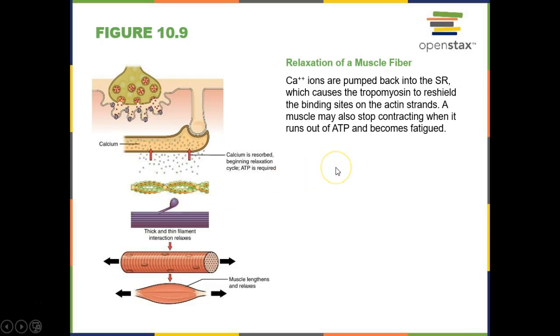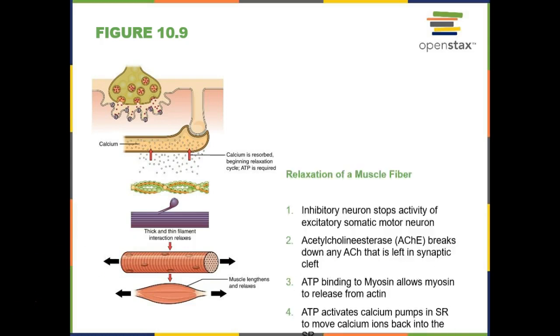So ATP is needed in both the release of the actin molecule and in the pumping of calcium back into the sarcoplasmic reticulum. So let's go through each of the steps.